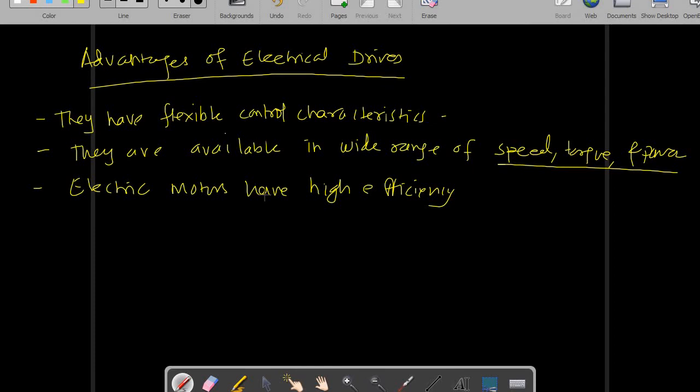So under this we can note down that electric drives have longer life, lower noise, lower maintenance requirement and cleaner operation. Next advantage is that they do not pollute the environment.